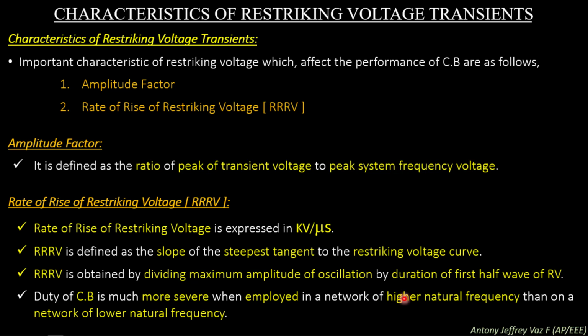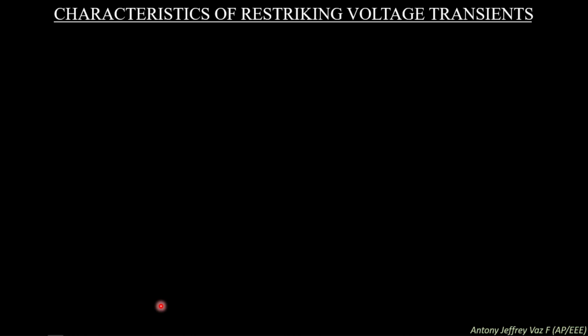If the natural frequency of oscillation is very high, then the circuit breaker employed has more severe effect and has to perform very high operational duty. If the rate of rise of restriking voltage is low and it creates a lower natural operating frequency, then the circuit breaker which is acting upon the fault has a lesser duty in concern.